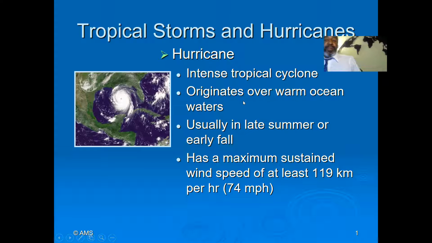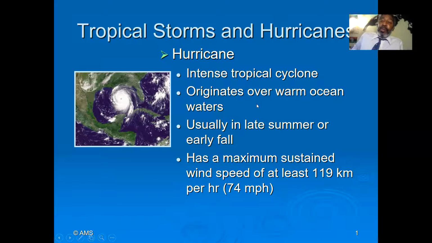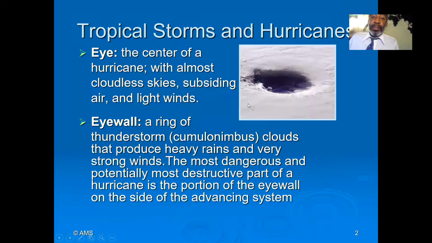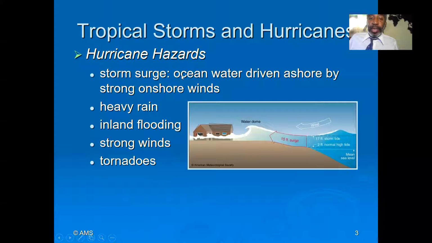So how do these storms begin? Well, usually tropical storms for us originate somewhere in the Atlantic Ocean off the coast of Africa, usually as a tropical depression, which is just a low pressure system. And then eventually they move toward the west, pushed along by the trade winds. And if they are strong enough, they will reach landfall and increase to hurricane strength. And so here are the characteristics of tropical storms and hurricanes.